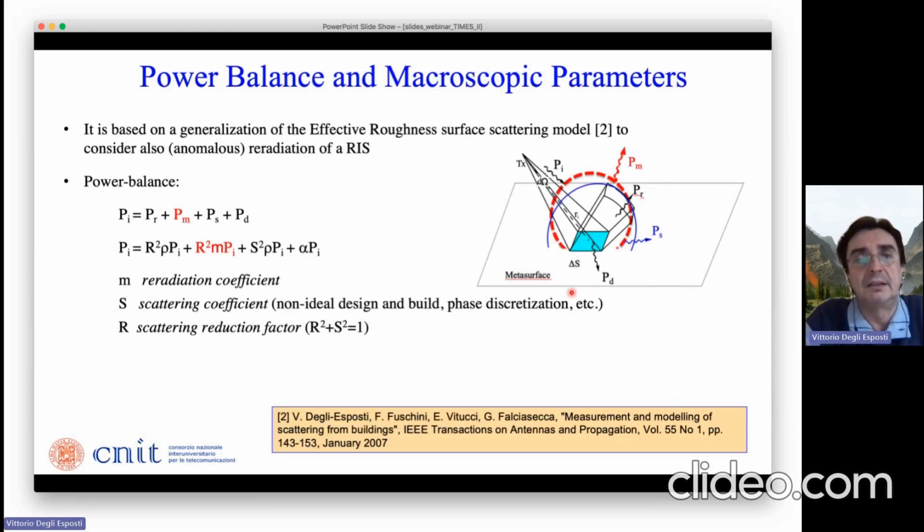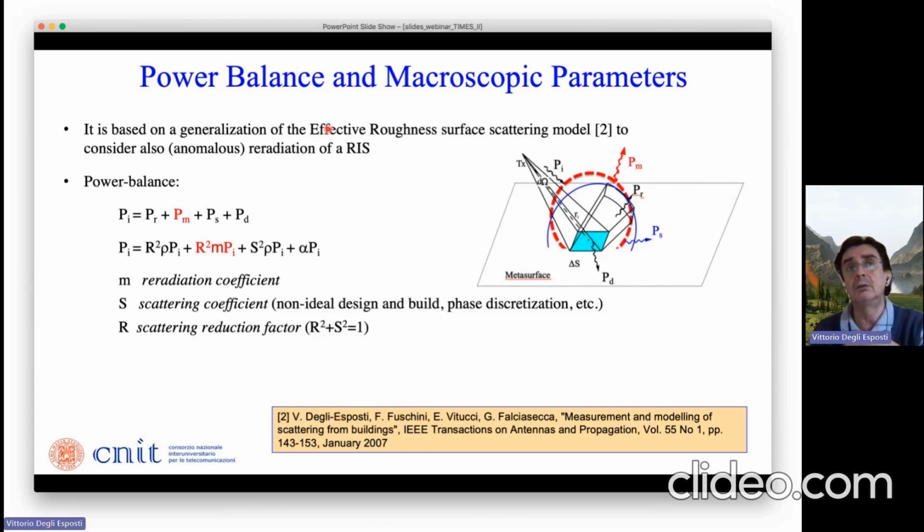The parameters, in particular the amplitude parameters of the radiation modes, must satisfy a power balance. So the power balance we developed is based on a generalization of the effective roughness surface scattering model power balance, which you can find in this paper.